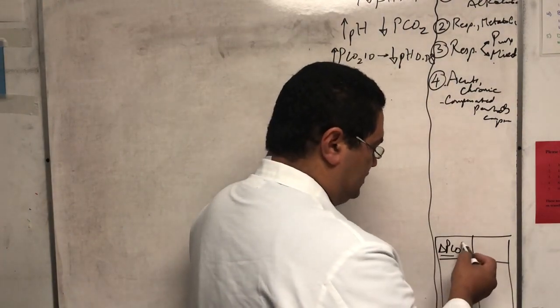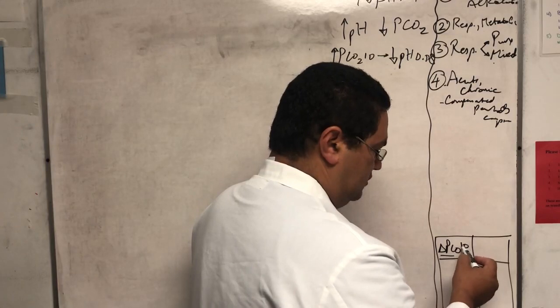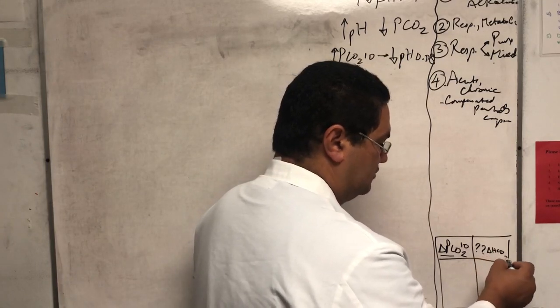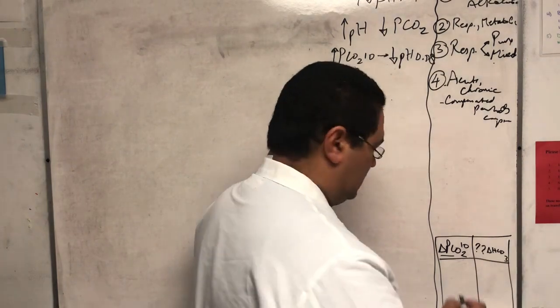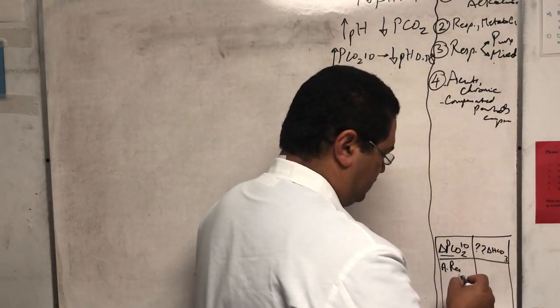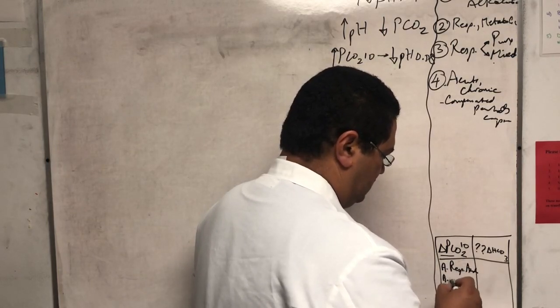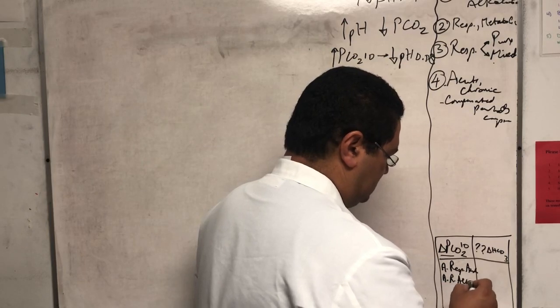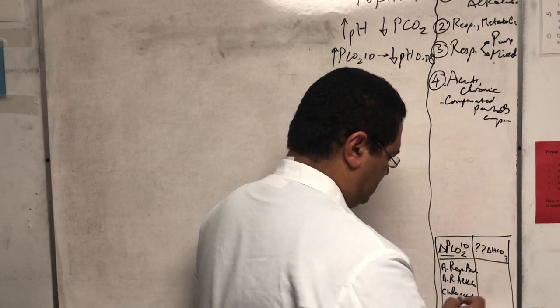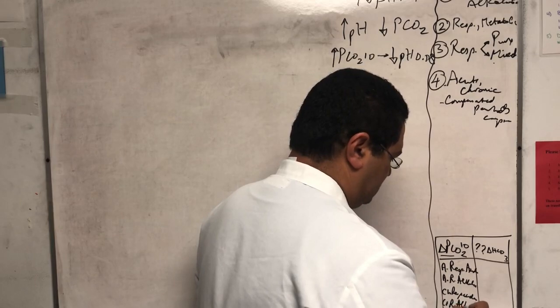So for a change of PCO2 of 10, what is the expected change of bicarb in the four disorders that we know: acute respiratory acidosis, acute respiratory alkalosis, chronic respiratory acidosis, and chronic respiratory alkalosis.